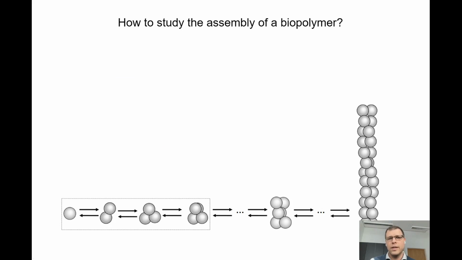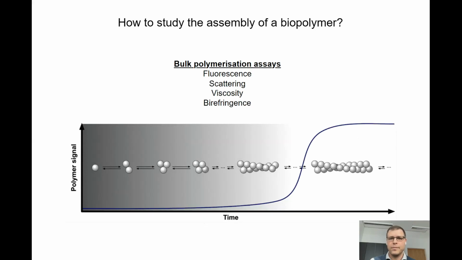Up until now, it's common to explore this process just with bulk techniques. Typically, a bulk polymerization assay uses different kinds of bulk signals, such as fluorescence, scattering, viscosity, or birefringence measurements, to follow the accumulation of the polymer over time in solution.